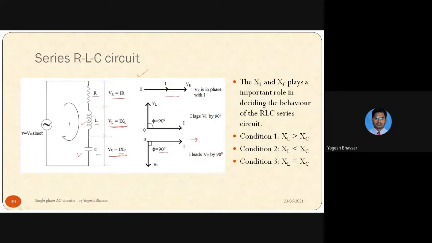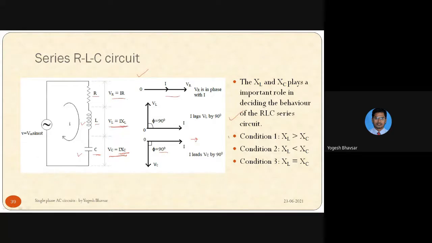The values of XC and XL play an important role. If the value of the inductor increases, then XL will increase. If the value of the capacitor increases, XC will decrease. So this is what changes in the series RLC circuit, depending on the value of inductance L and capacitance C.